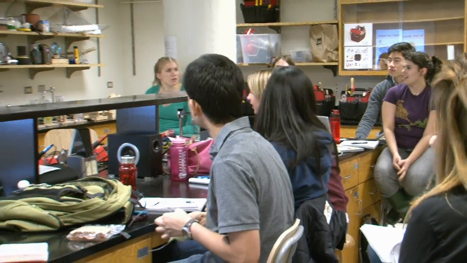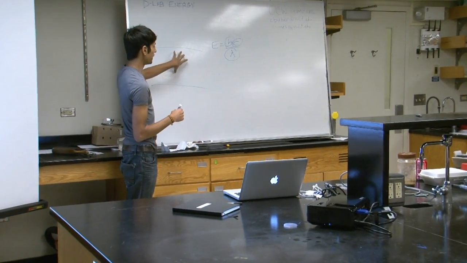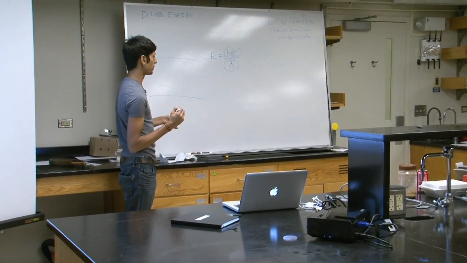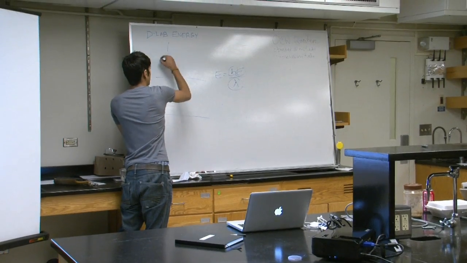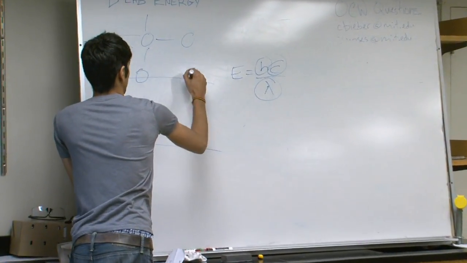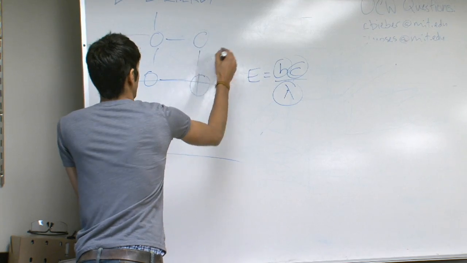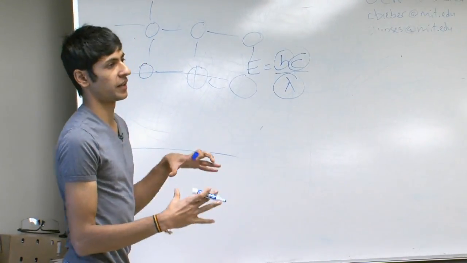Okay, so basically what happens is, in a semiconductor, you have things in a pretty ordered pattern. So you'll have atoms, something like that, and they're all bound in this lattice.